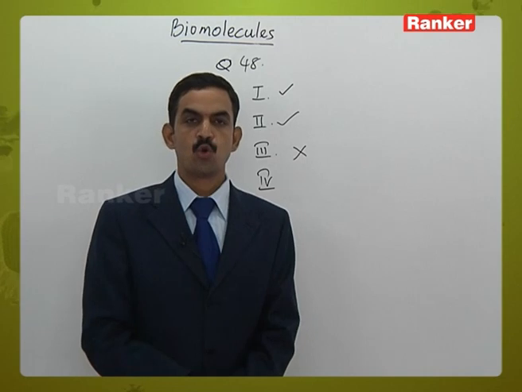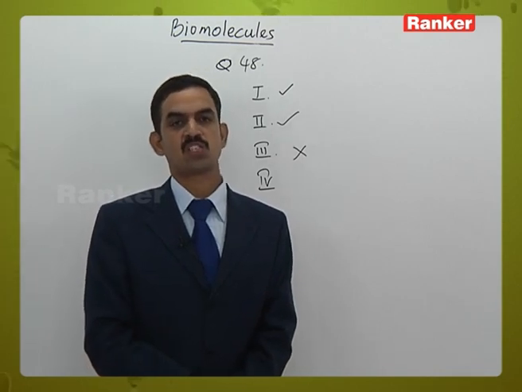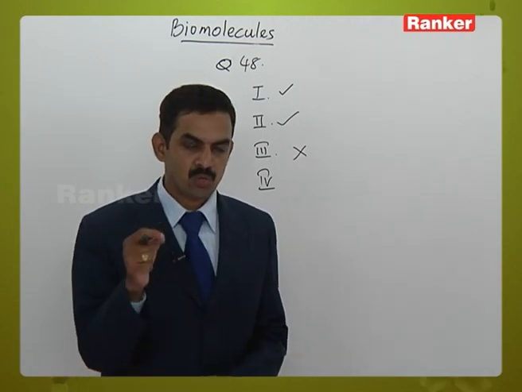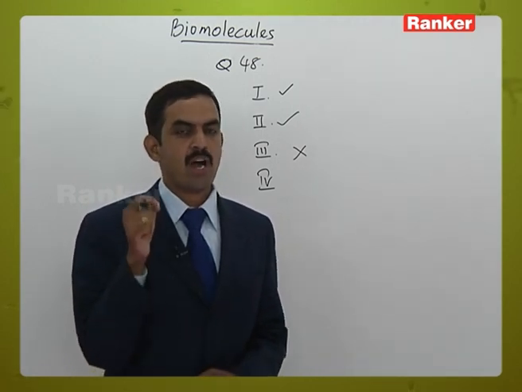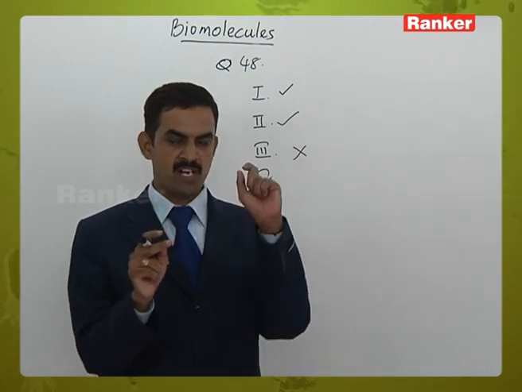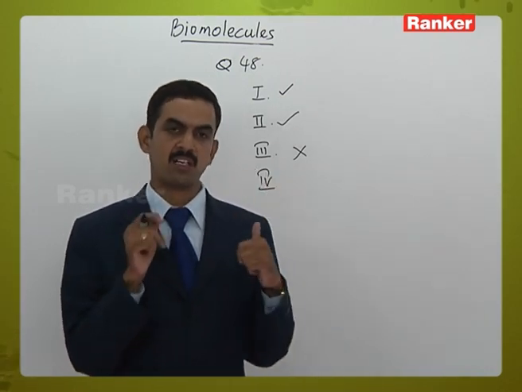Fourth one, two pentose sugar molecules and a phosphate. Already we had studied that each pentose sugar in a DNA molecule or in a RNA molecule is bound to 2 phosphate molecules, one on the 5th carbon and other on the 3rd carbon.